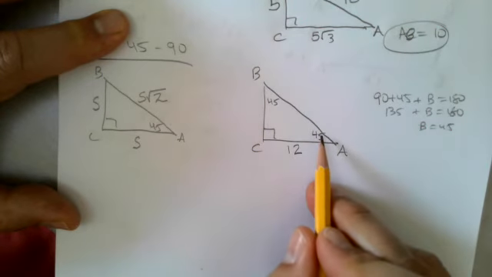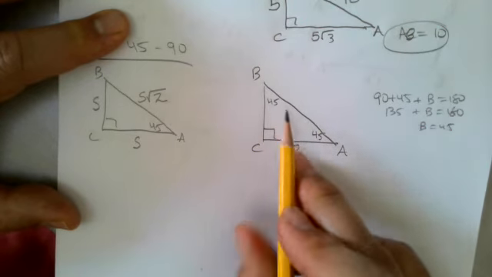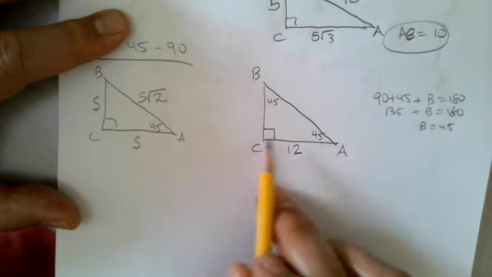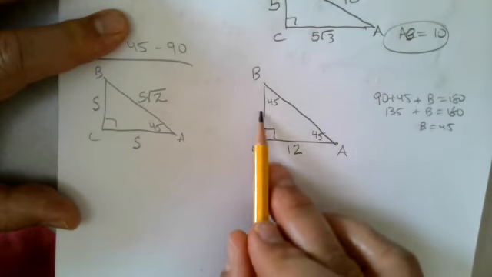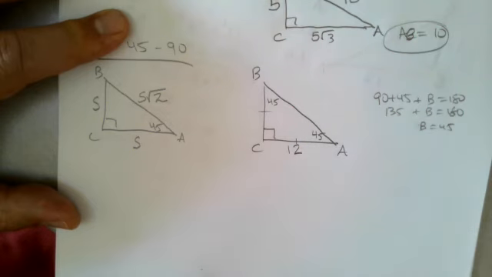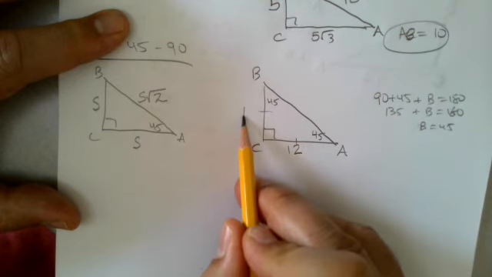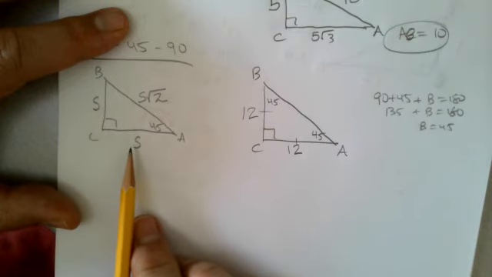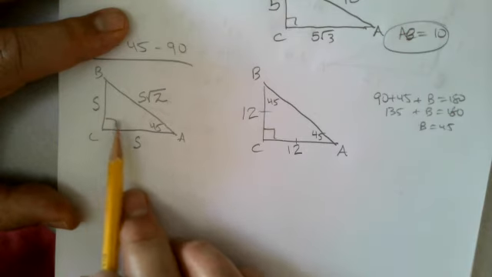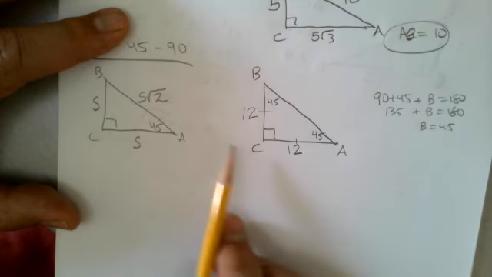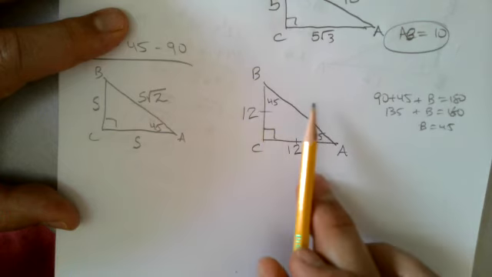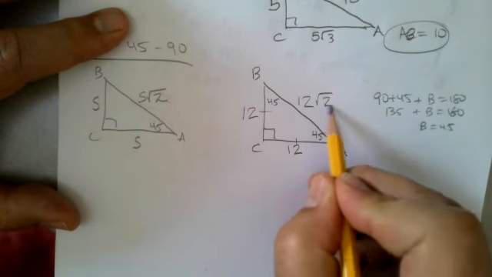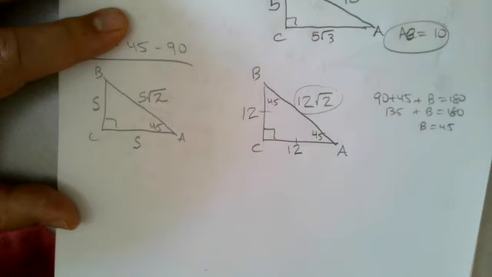When you see two angles that are the same, that means this is an isosceles triangle where this side and this side are the same length. So if this one's 12, this one has to be 12, and that's matching our picture. These are both S. And if S in both cases is 12, then what belongs on the hypotenuse is 12 times root 2. And that would be the length of the hypotenuse.